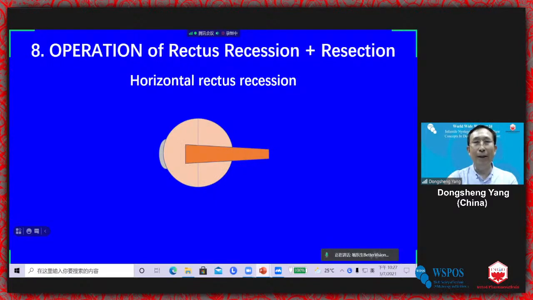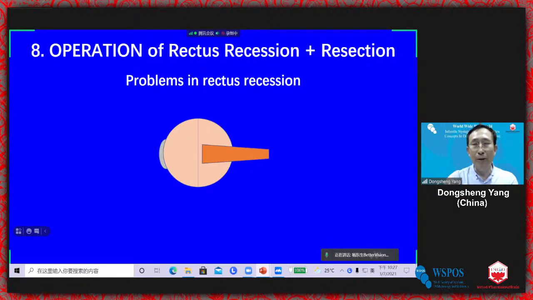But I'd like to extend this 4 muscle T and R procedure. I'd like to show you what I usually do. I do the horizontal rectus recession like this. But we had a problem.